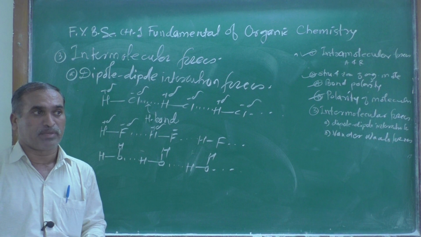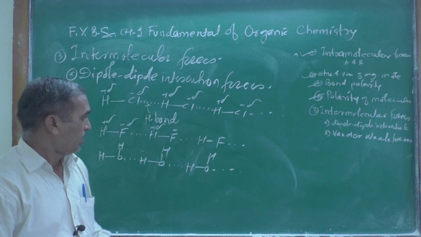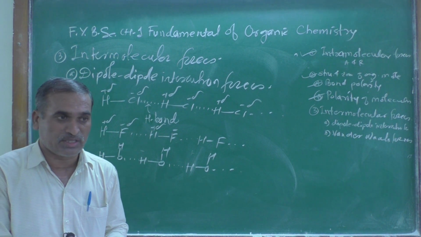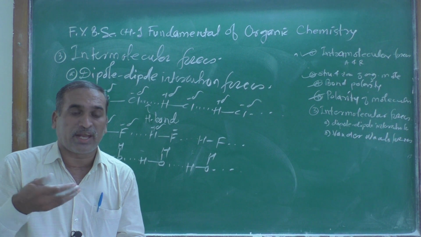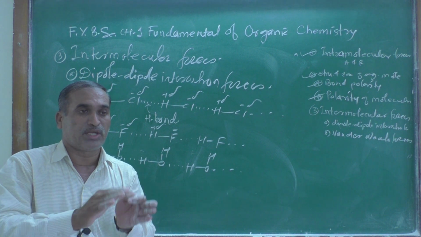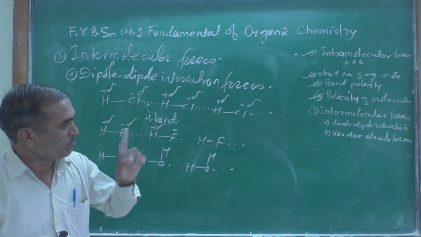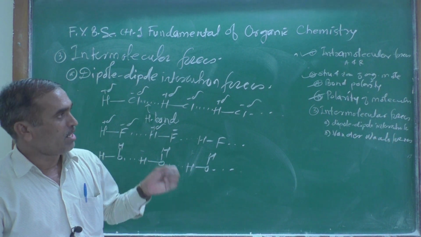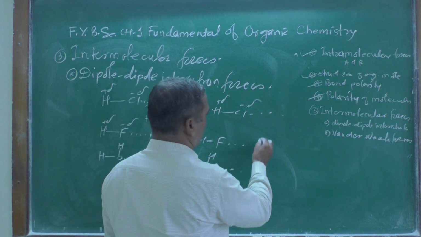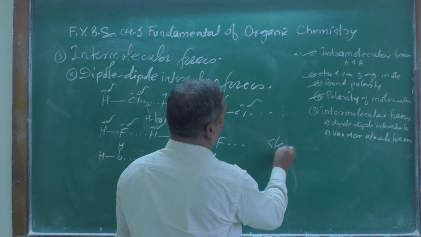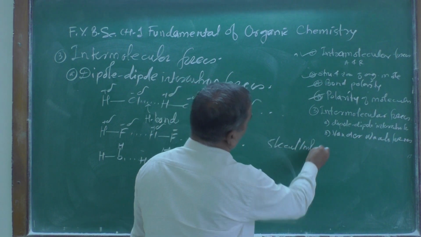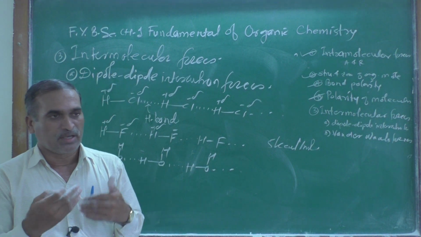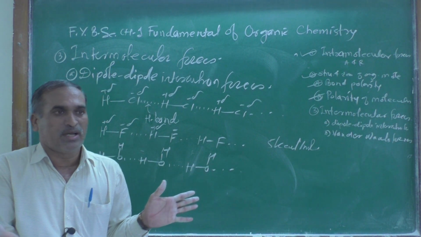And again remember, if the number of hydrogen bonds increases, that also greatly affects the melting point and the boiling point, because breaking a hydrogen bond requires about 5 kilocalories per mole. This much amount of energy is required to break the hydrogen bond.